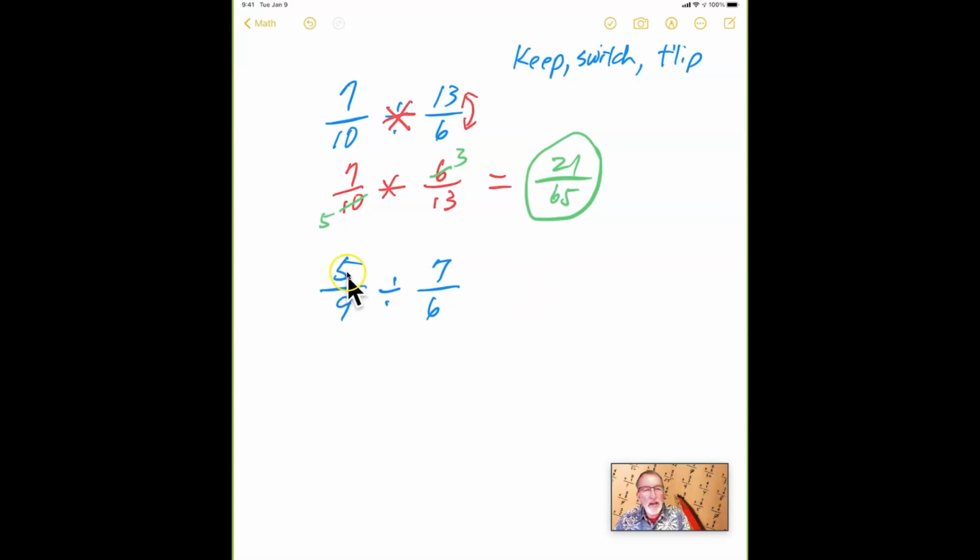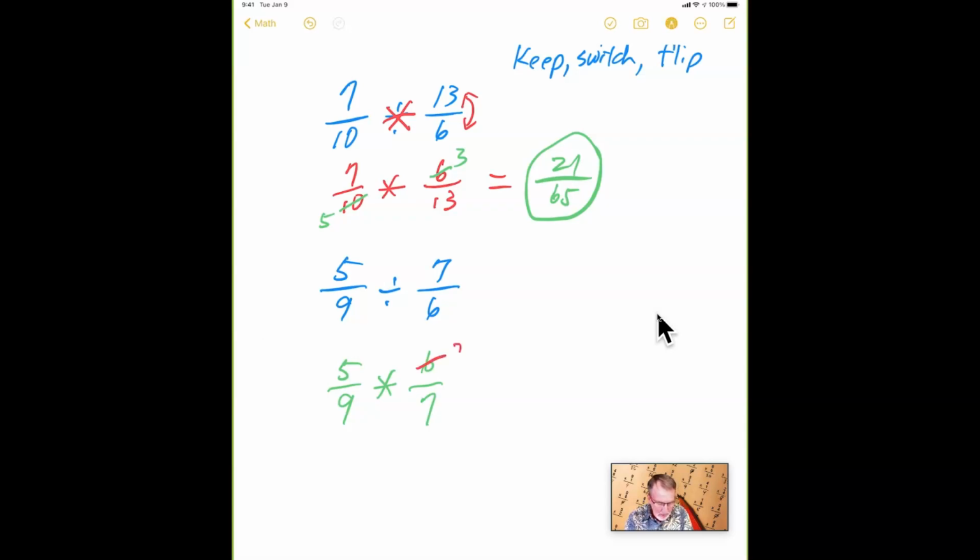Let's try the next one. 5/9 divided by 7/6. We're going to do keep, switch, flip. And that means we're going to write 5/9 times 6/7 and then multiply that out. I hope you guys are watching for numbers you can factor down before we do the math.